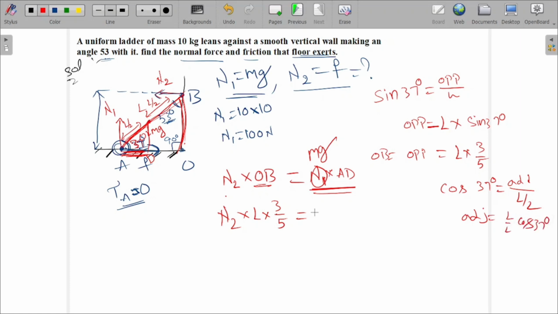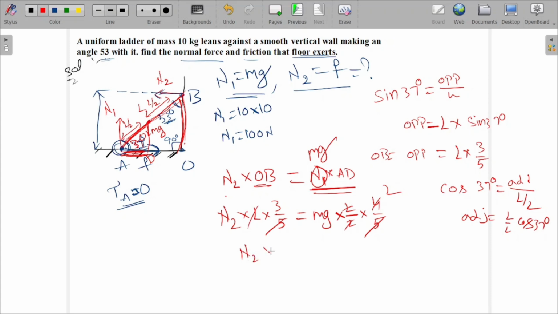So mg into AD is mg into L by 2 cos 37. Cos 37 means 4 by 5. So the 2s and 5s cancel, and L gets cancelled.